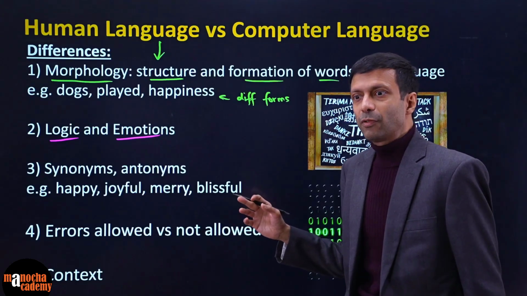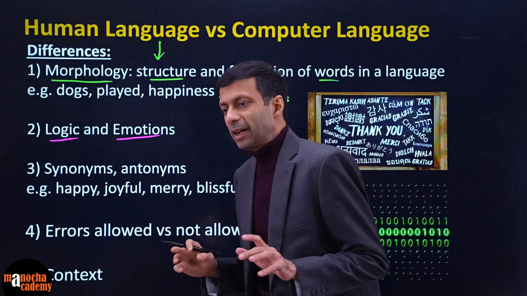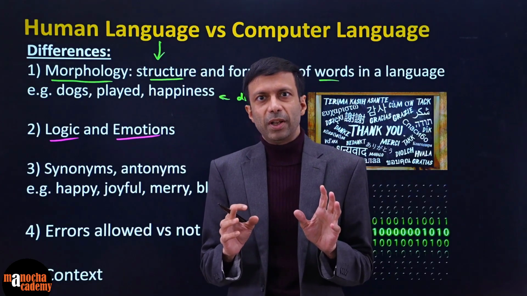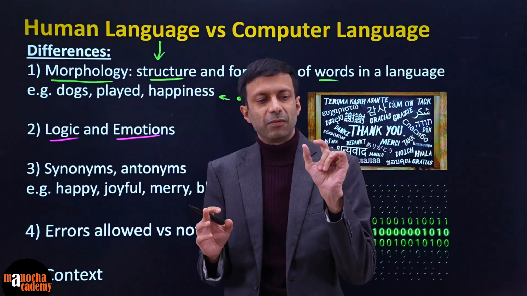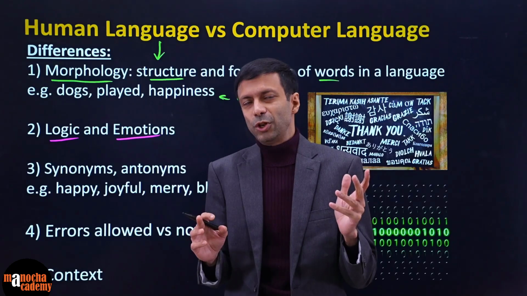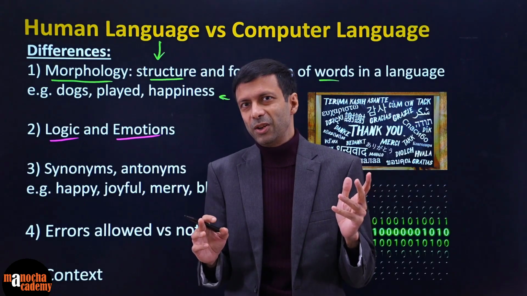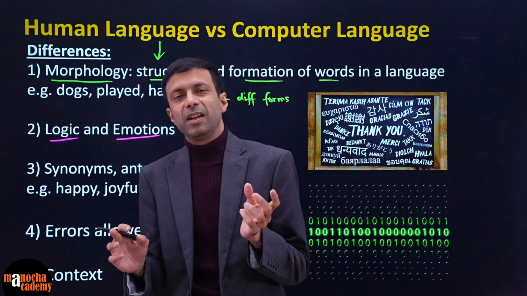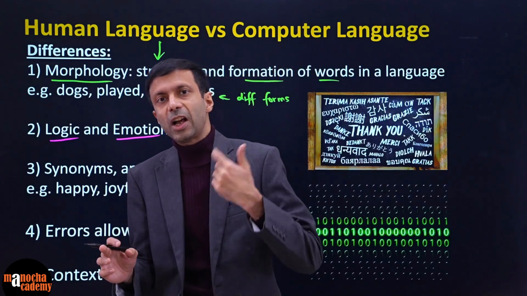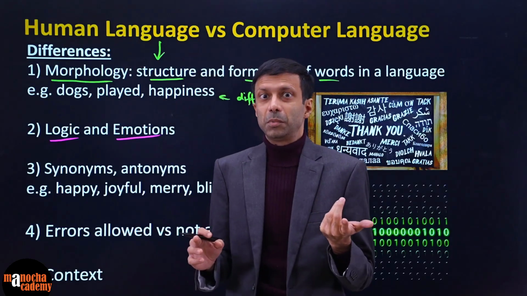But in computer language, when you're writing a programming language, for example, if you take Java, we write int for integer. Is there any synonym for that? Or when you have a print statement in Python, is there any synonym? Can we write output or display instead of print?